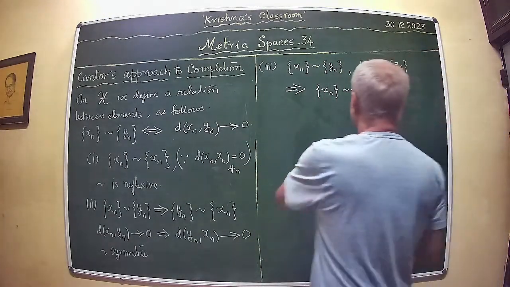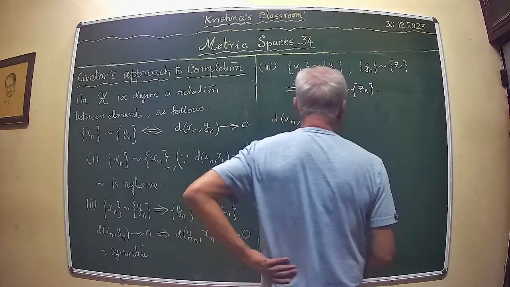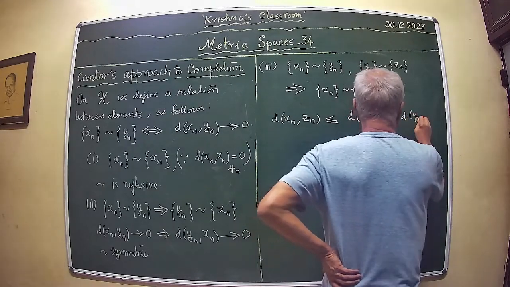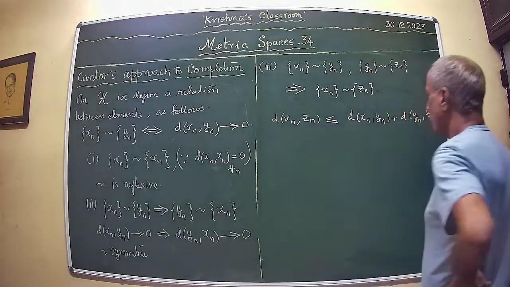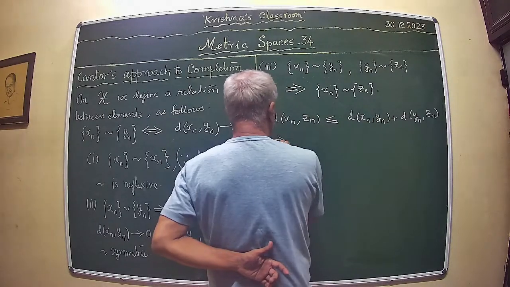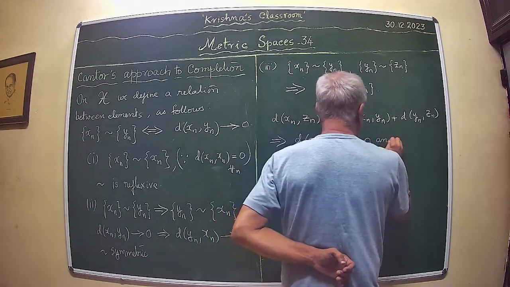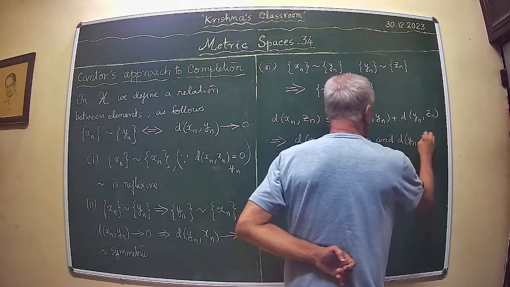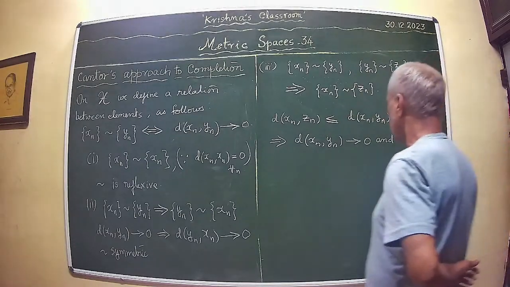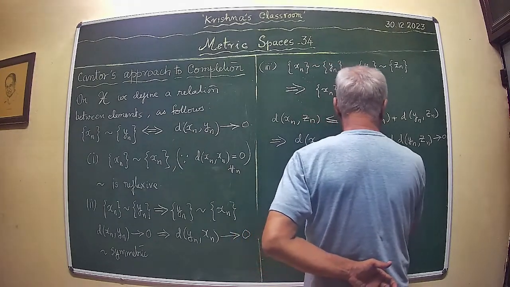Now this follows from the property that d(xn, zn) is less than or equal to d(xn, yn) plus d(yn, zn), by the triangular inequality. So this goes to 0, this goes to 0, which means this goes to 0 as n tends to infinity.